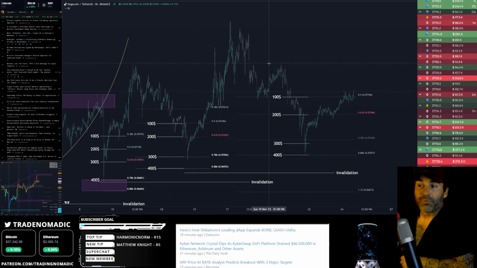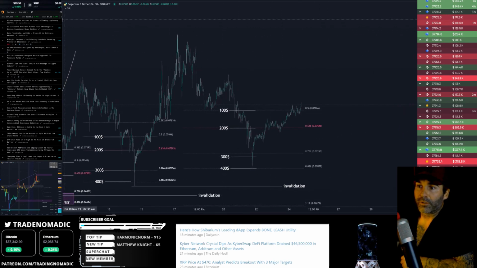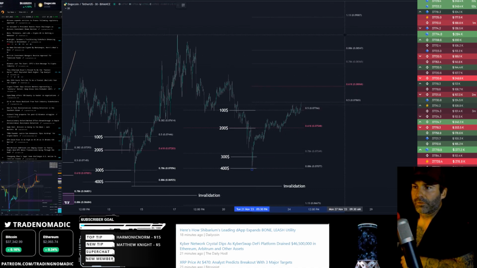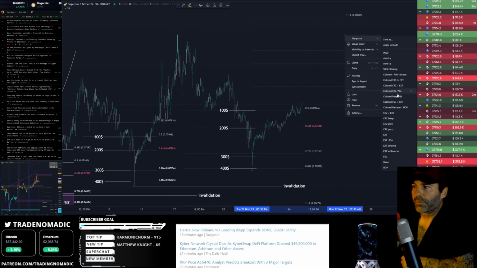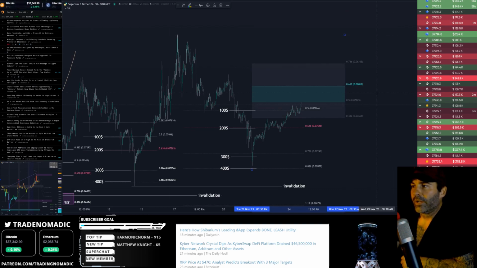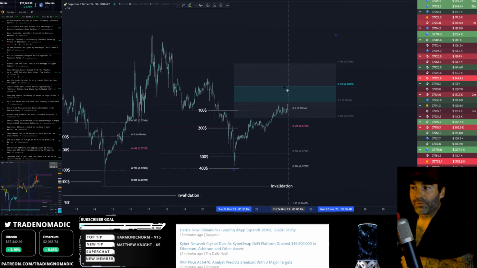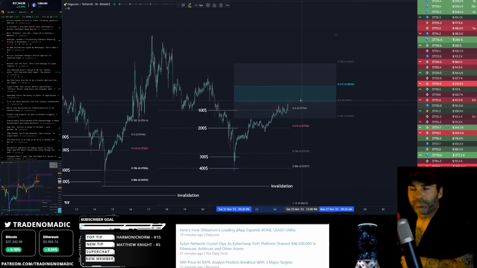You don't have to shoot for extension levels. You could shoot for retracement levels. So rather than looking for the extension above the high, you could just say, I don't want to shoot for those type of extensions. What I want to do is just sell into a common retracement level.